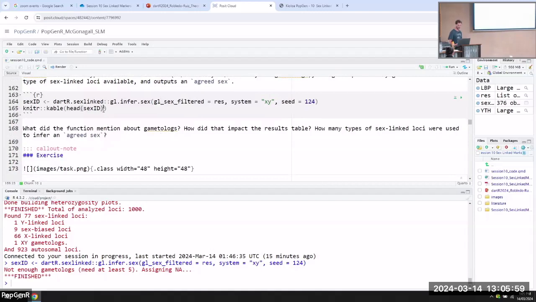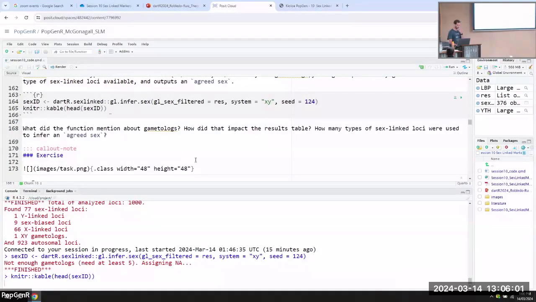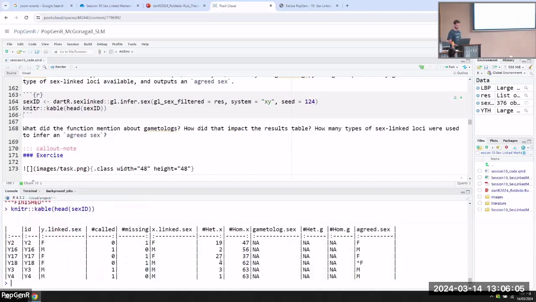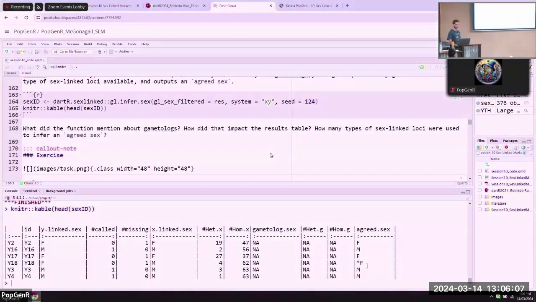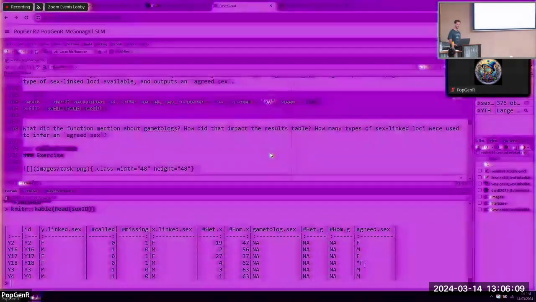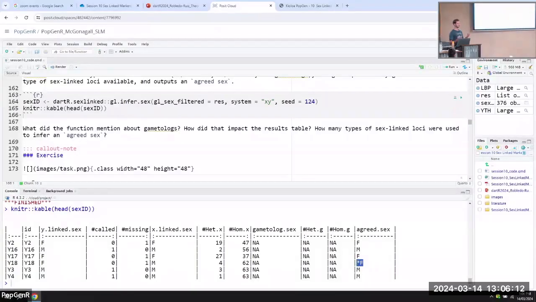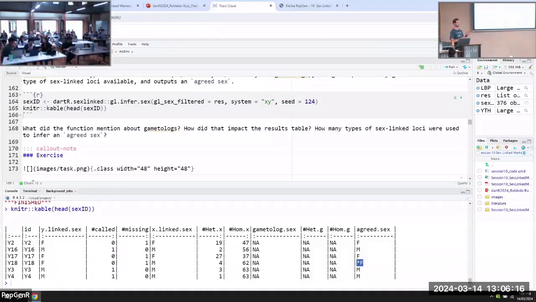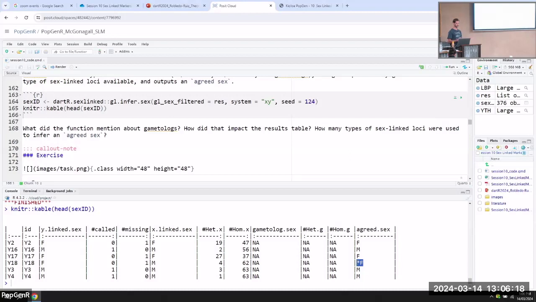So when we actually look at the sex ID for that, you're going to see a lot more of these asterisks. And that's because you only have two sources of evidence of your sex. So you have only Y-linked and X-linked markers. And basically, if they don't match up, then we are very happy about that. So then you have to make your judgment calls.